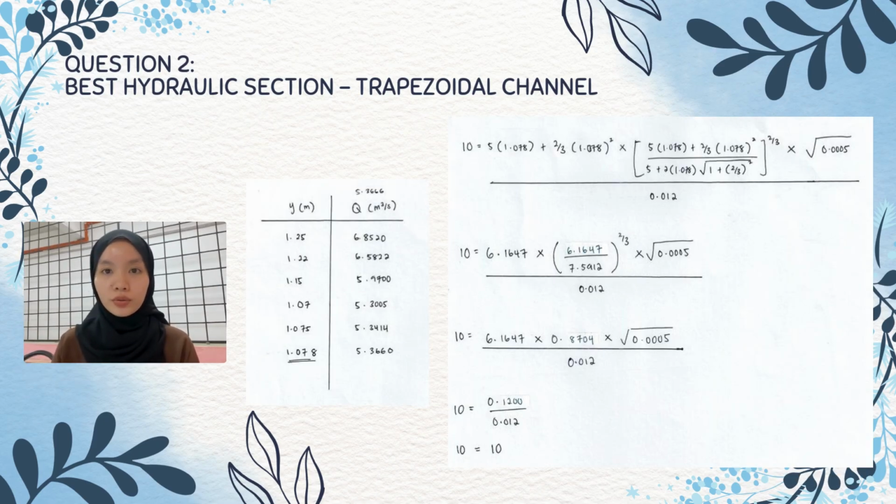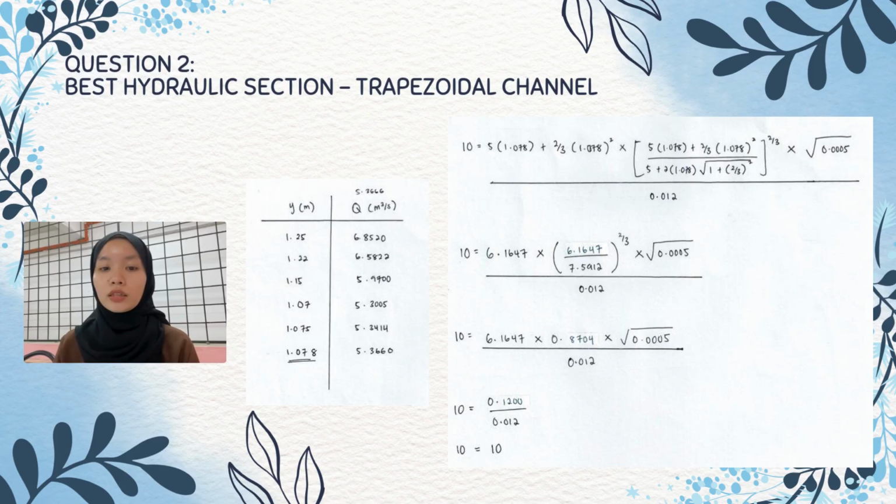Since Y is unknown, we use the trial and error method by testing different values of Y, then computing the corresponding discharge Q. We have tried several numbers to find the Y that equals to flow rate of 5.3666. So we have tried 1.25 meter, 1.22 meter, 1.15 meter, and so on.